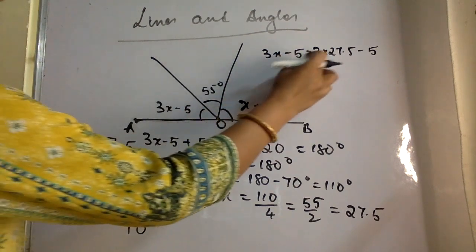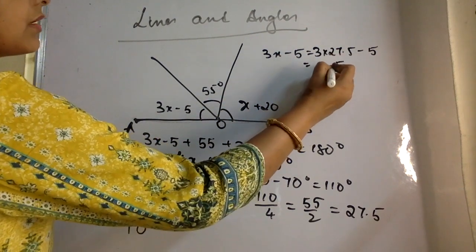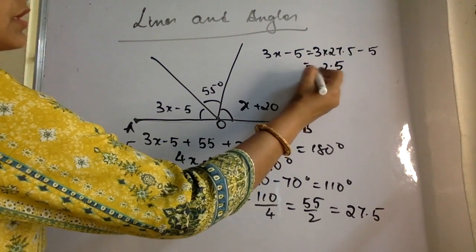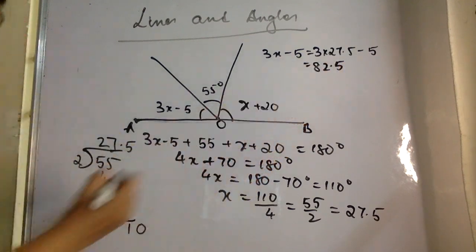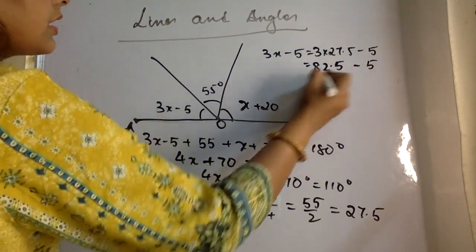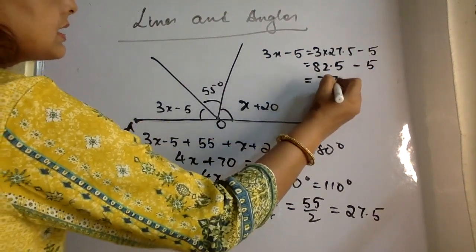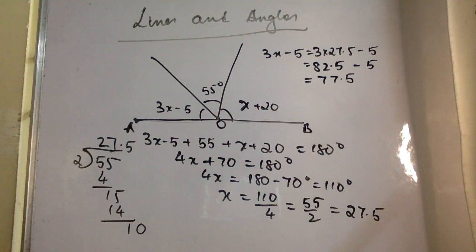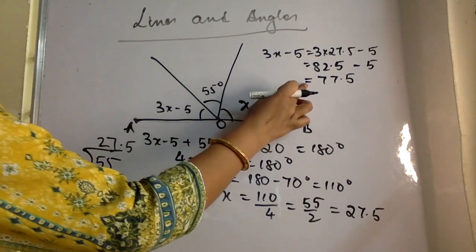Let me multiply: that is 82.5 minus 5, that is 77.5 if I subtract. Now here I want to tell one thing, people will go wrong here.